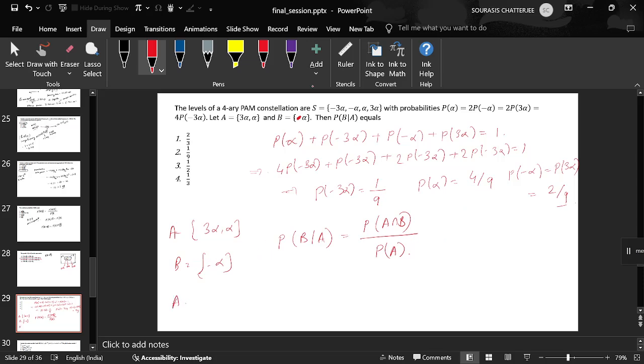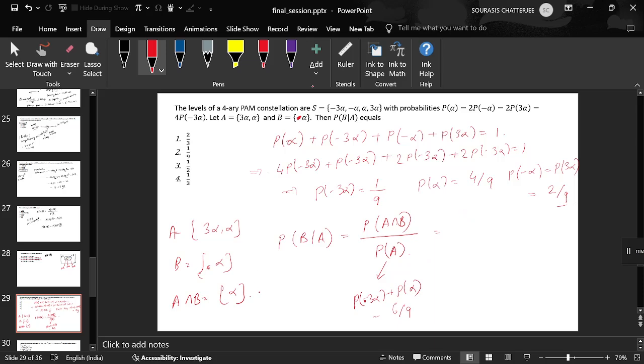So A intersection B is going to be alpha only, and the probability of A is the probability of 3 alpha plus the probability of alpha, which is 6 over 9.